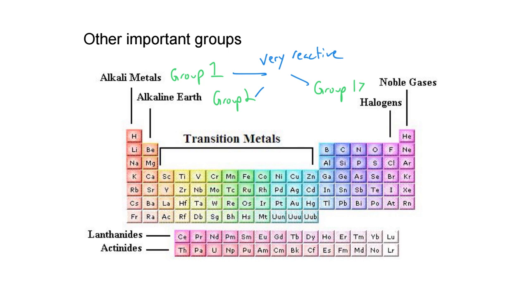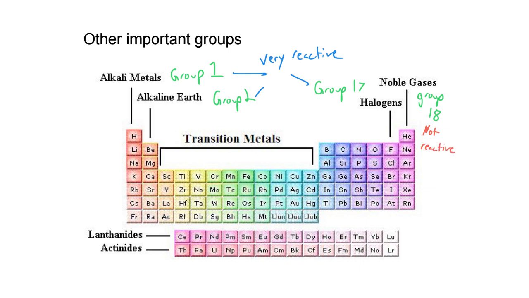Now there's the noble gases on the far side here. This is group 18. Noble gases, although they are right next to the very reactive halogens, they are not reactive at all.